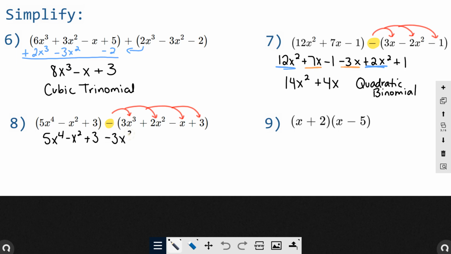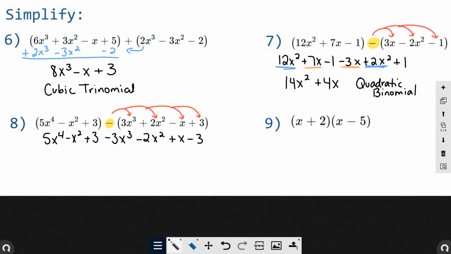So negative 3x to the 3rd minus 2x squared plus x minus 3. Get in that habit of writing it all out. Distribute that negative. It's pretty simple, but you don't want to make a mistake.